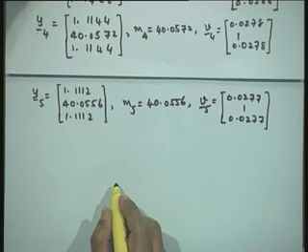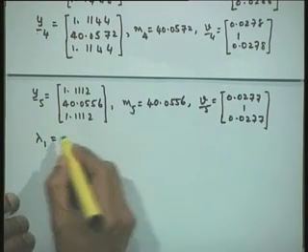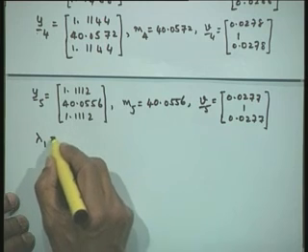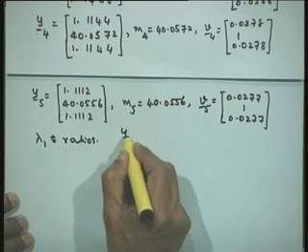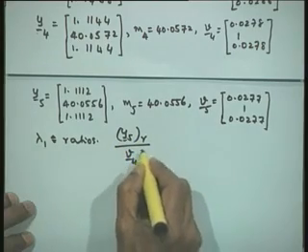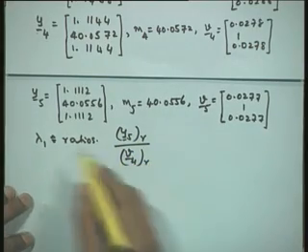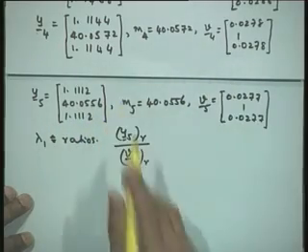Therefore, we can now find out the ratios. Now, lambda 1 would be the ratio of the Y5 component by the V4 component. I want the ratio of Y5 and the previous V, that is, the ratio of these two components.